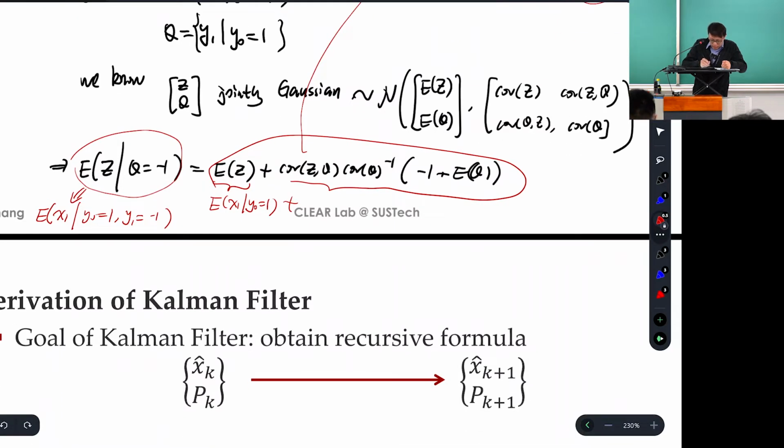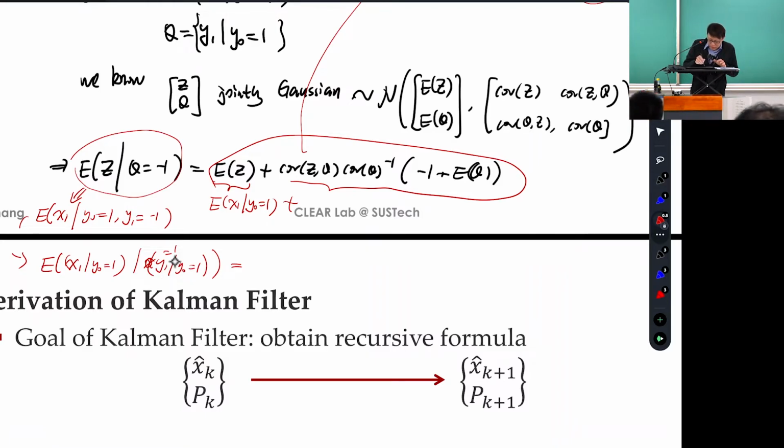So if you like, I can change another notation. This is nothing but the expectation of x1 given y0 equal to 1. That's z, right? And you're given y1 given y0 equal to 1. So essentially, there's no given, it's just given y1 equal to -1. So overall, you have expectation of x1 given y0 equal to 1, y1 equal to -1.